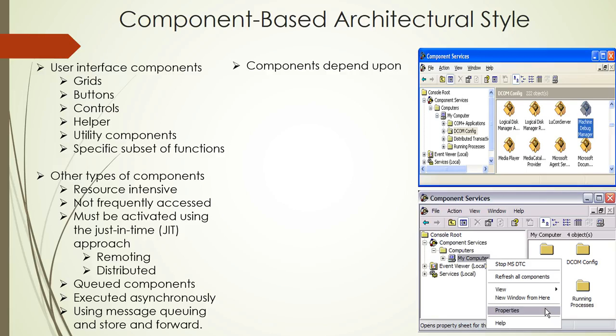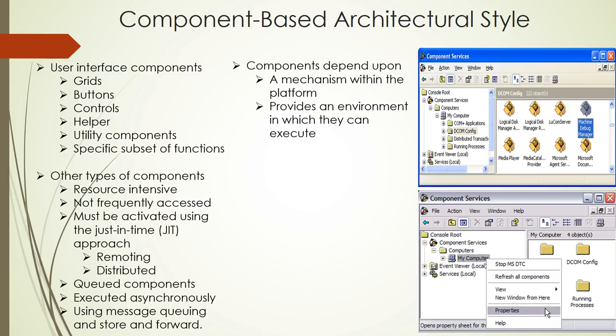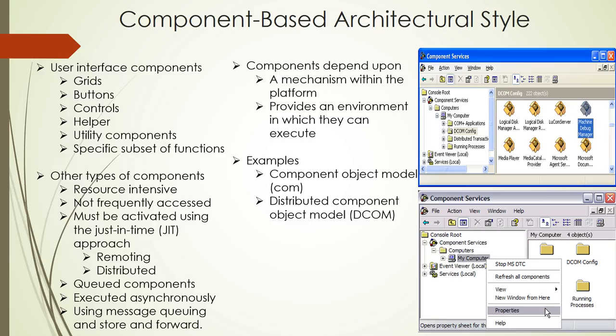Components depend upon a mechanism within the platform that provides an environment in which they can execute, often referred to as a component architecture. Examples are the Component Object Model, or COM, and Distributed Component Object Model, or DCOM, in the Windows operating system.